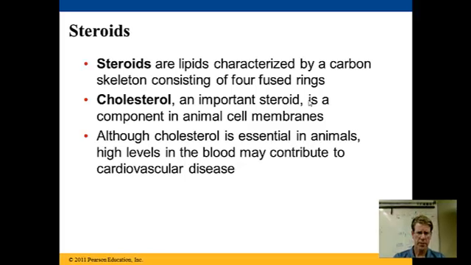Steroids, this is another class of lipids. These are characterized by a skeleton consisting of 4 fused rings. There's a diagram on the next slide here. Cholesterol is a very important steroid. There's good cholesterol, there's bad cholesterol.